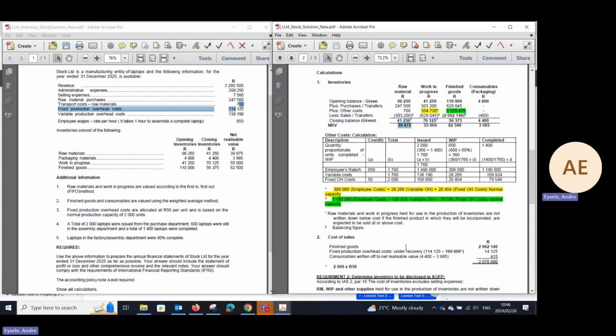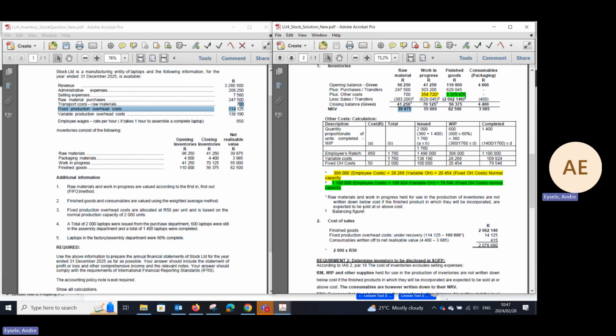In normal circumstances, we would have written it down from 41,250 to 39,875. But the standard tells us that no, you cannot do that.